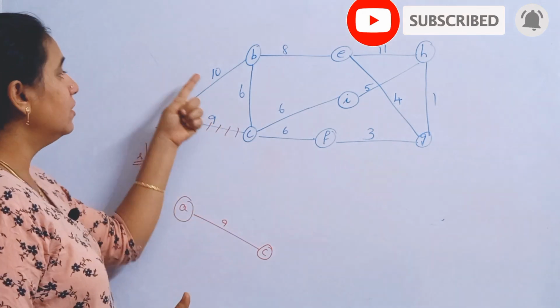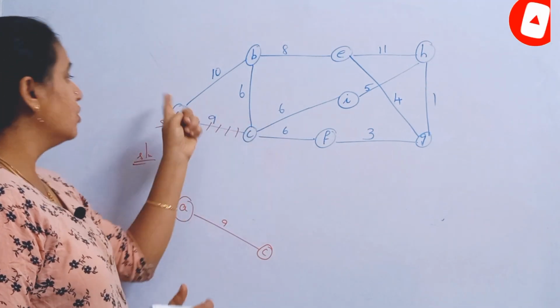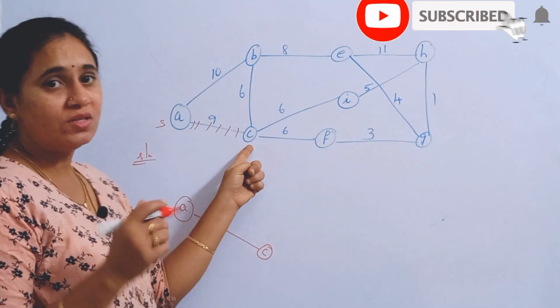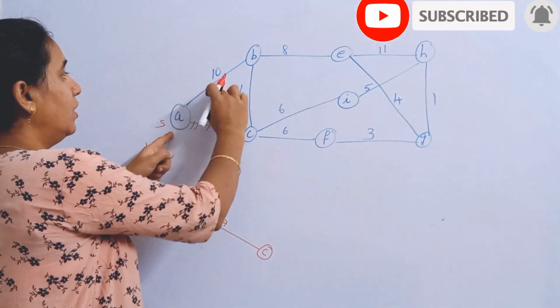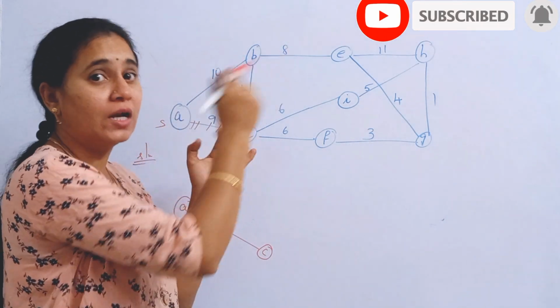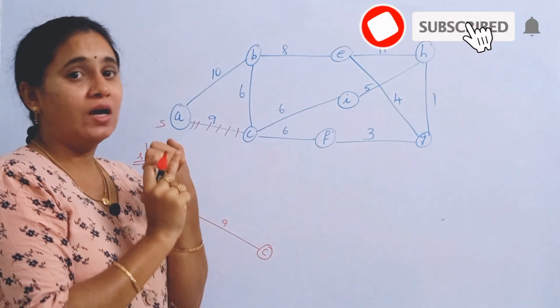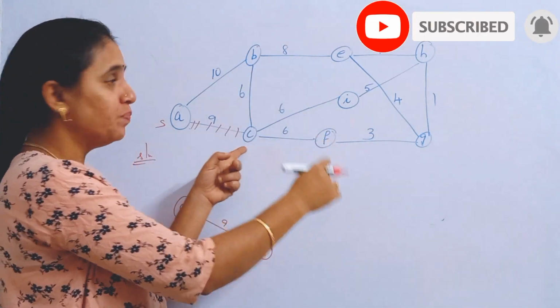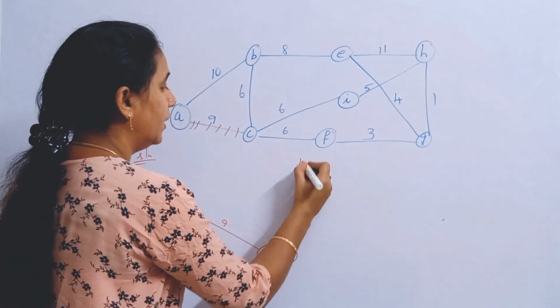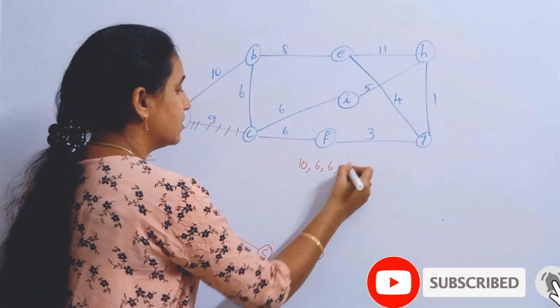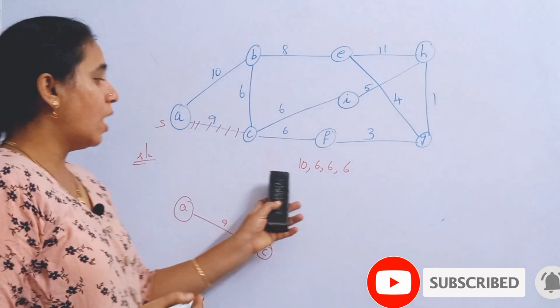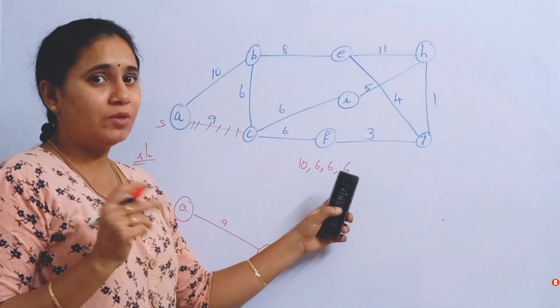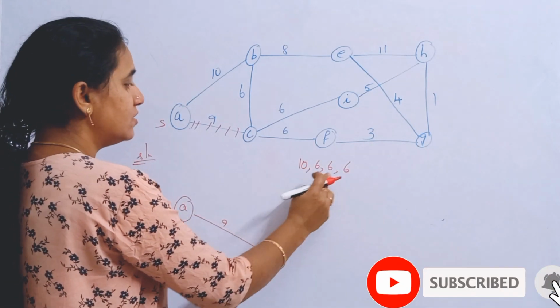This is for A and this is for C. For A, this is the only unselected edge, so that also I should take into consideration. And for the current vertex, I have 3 edges. And you see 10, 6, 6 and 6, right. So among these, the minimum weight is 6, 6 and 6.